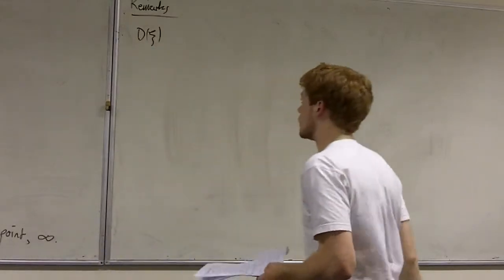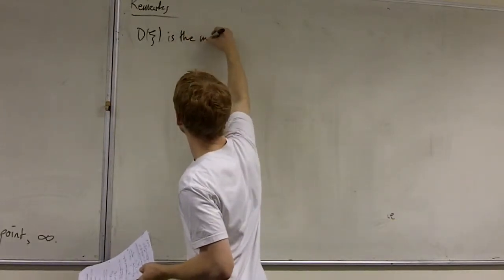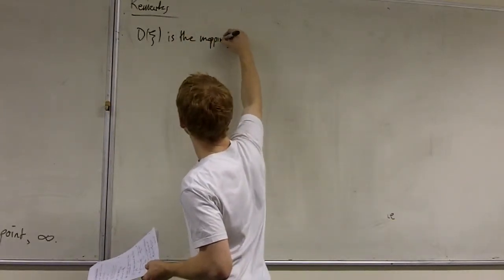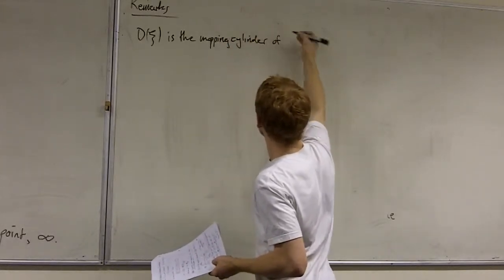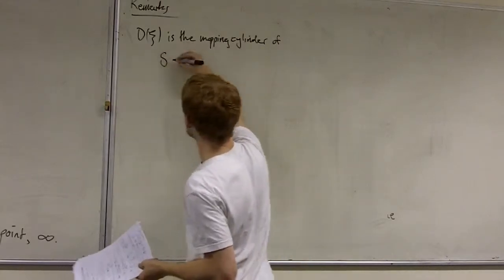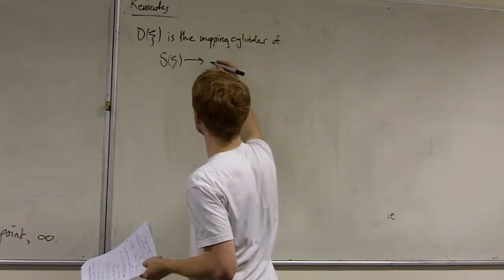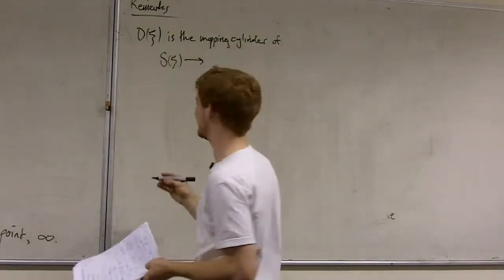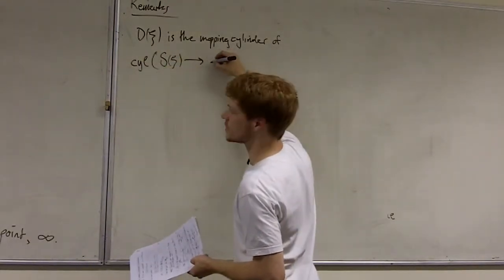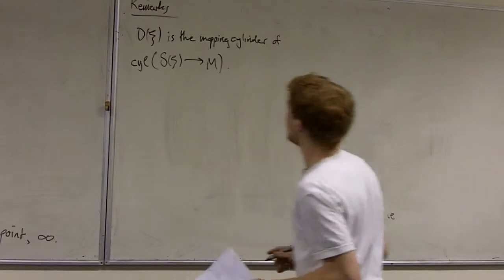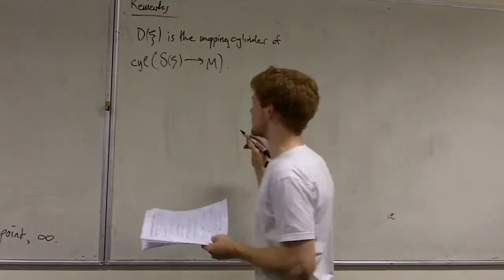So the disk bundle is the mapping cylinder of the projection map of the sphere bundle to the base. We had a bit of a think about why this is true. I think it's one of these things that you can just sort of see.